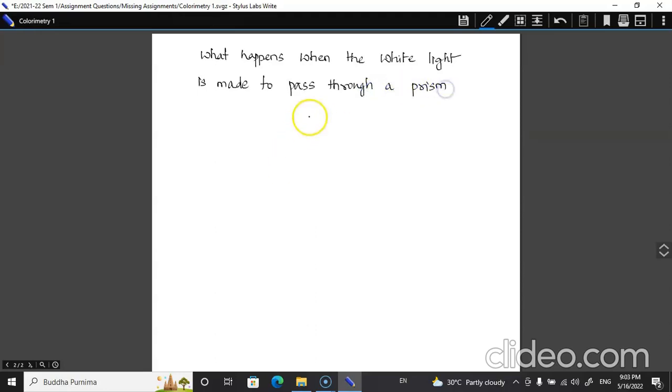Now what happens when white light is made to pass through a prism? I hope you know about a prism. So this is the prism.